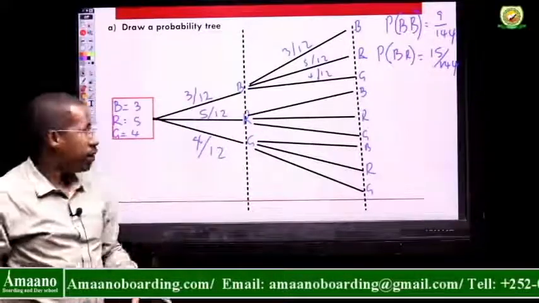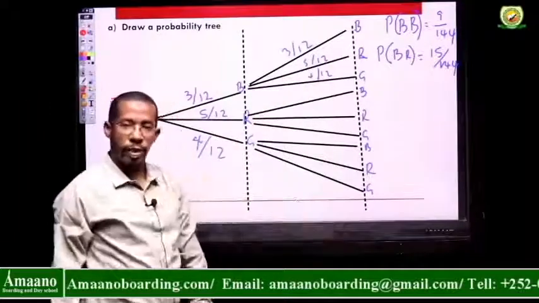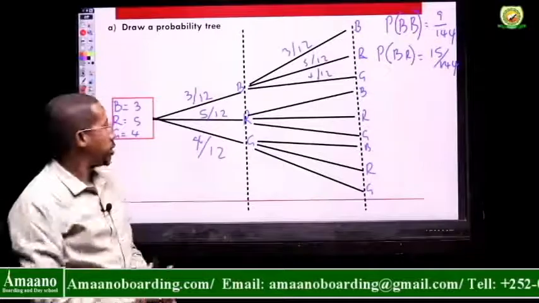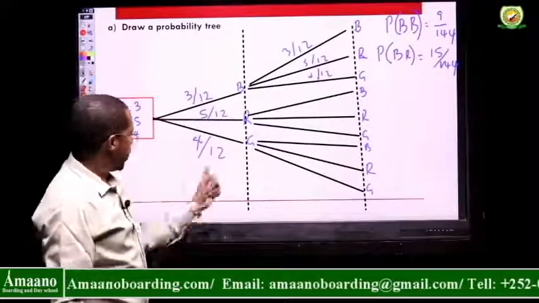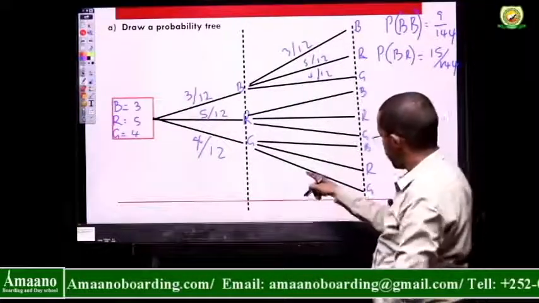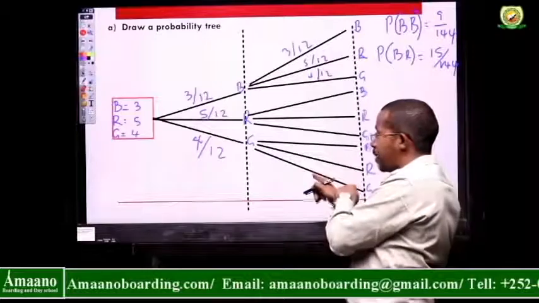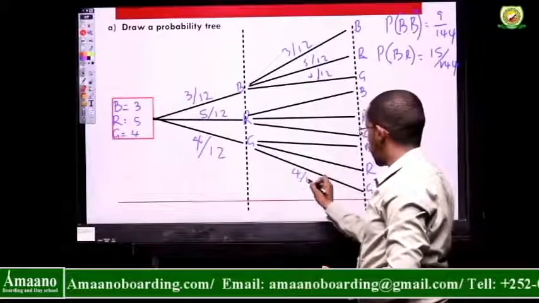I have not written everything, but if you understood this part, you can fill in the remaining parts. So in case of an exam, you have to fill the whole tree diagram. Take an example. If I need the number for this part, probability of getting green, given that first time I got green, this is 4 over 12.